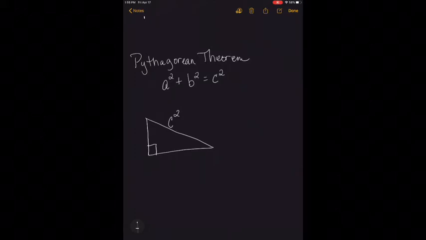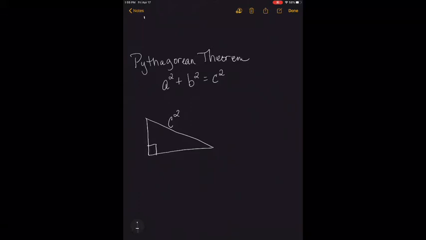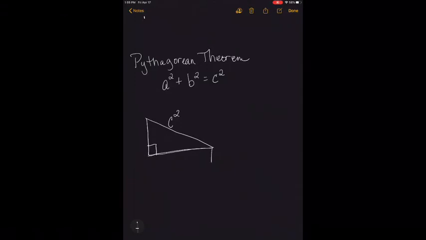So the Pythagorean theorem has been around since before the Greeks, actually, but Pythagoras got his name put to it. And what it says is that if you square this side, so you kind of see that square in your book.